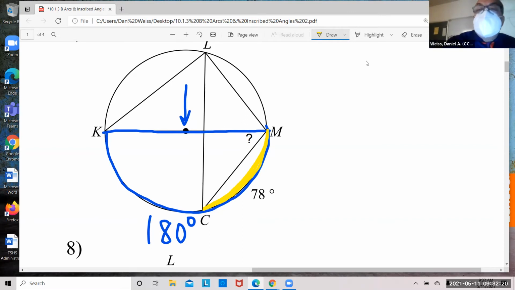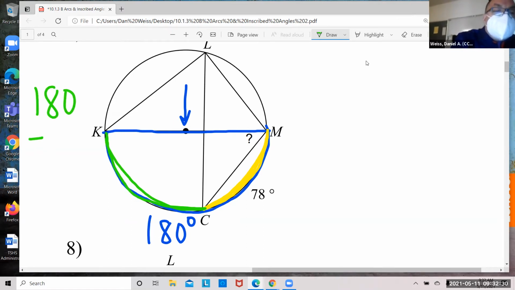Does it make sense that this green arc right here is going to be 180 minus 78, or 102? Does it make sense that this arc here is 102?